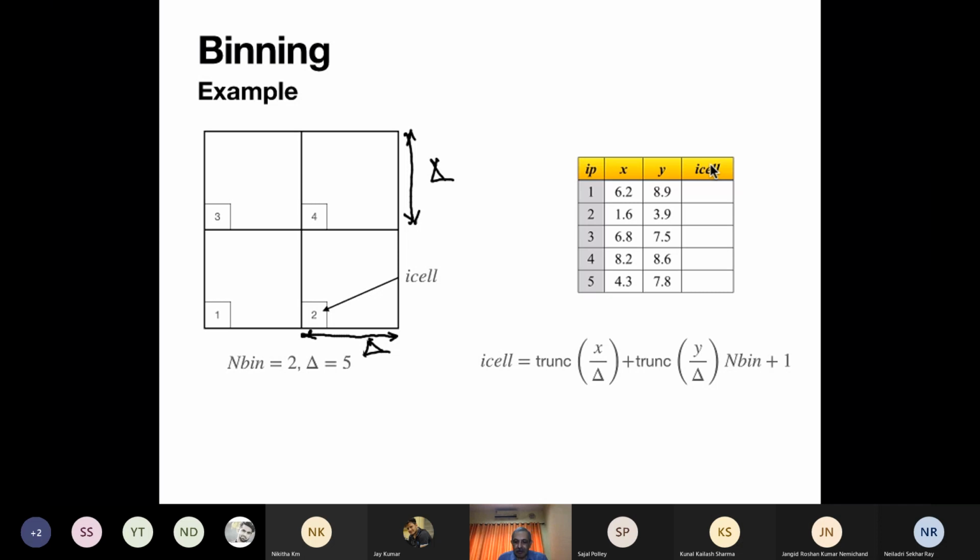Now I am giving you that there are 5 particles. The X position and Y position is given, and I want to fill in this column. So can someone tell me, for the first particle, where will it be? Just to reiterate this function, trunk means look at only the integer part, and n bin over here is 2.